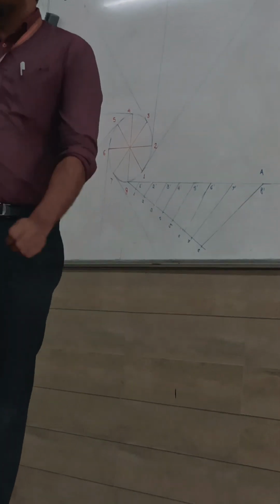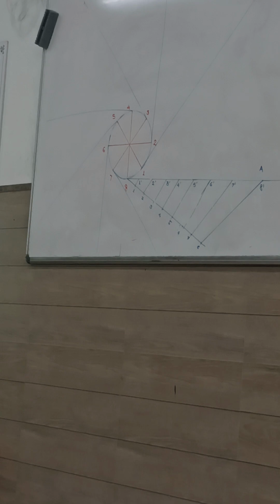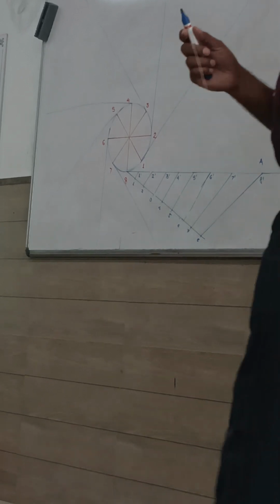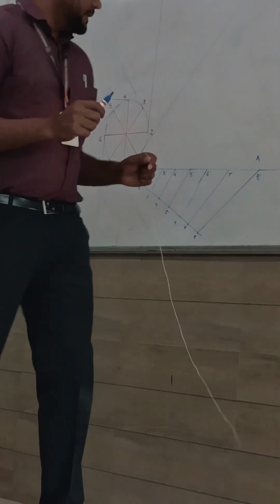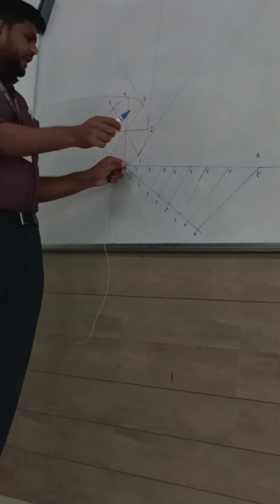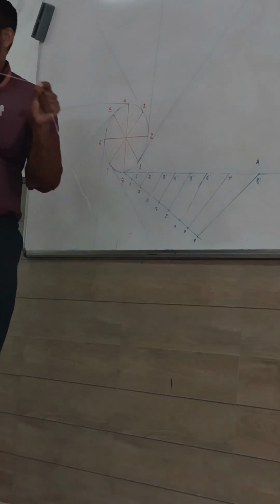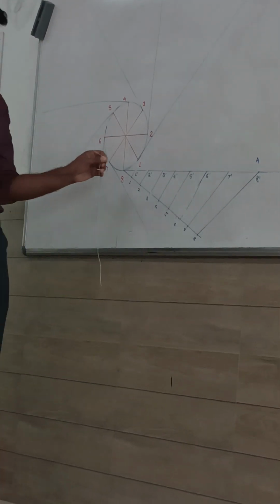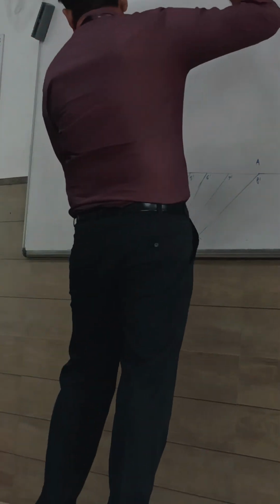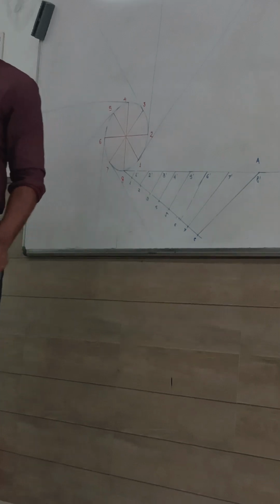Okay, after drawing this, next step, take distance. Suppose if I want distance 1 to P, you take 1 dash to P in the compass. Keep your center at point 1 and cut an arc.